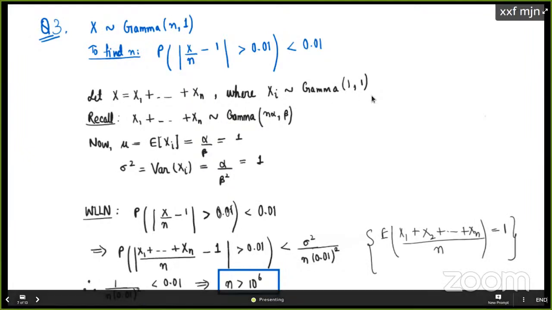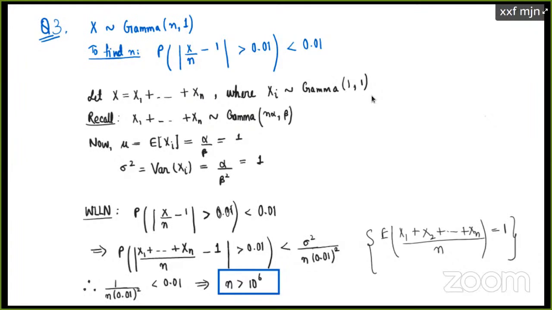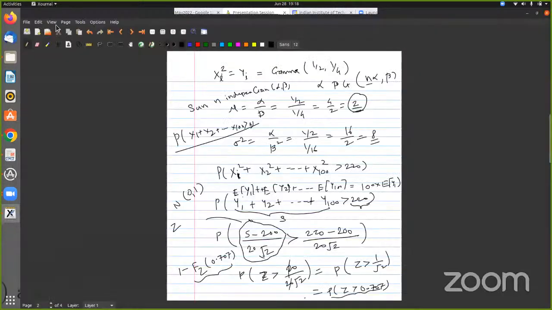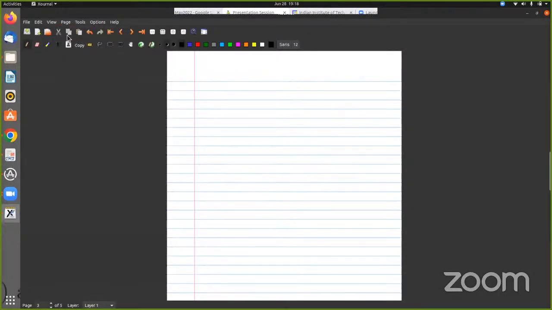Because when we add these gamma 1 comma 1 n times, it will become gamma n alpha comma beta. They have given that alpha is equal to n and beta is 1. So I will tell you once more. Suppose X is given as gamma n, with alpha equal to n and beta equal to 1.